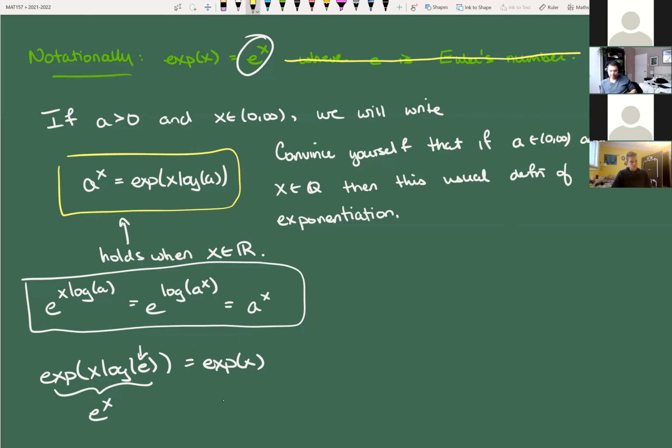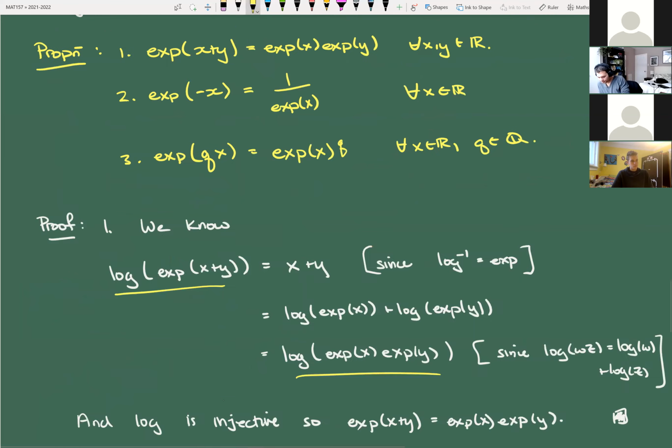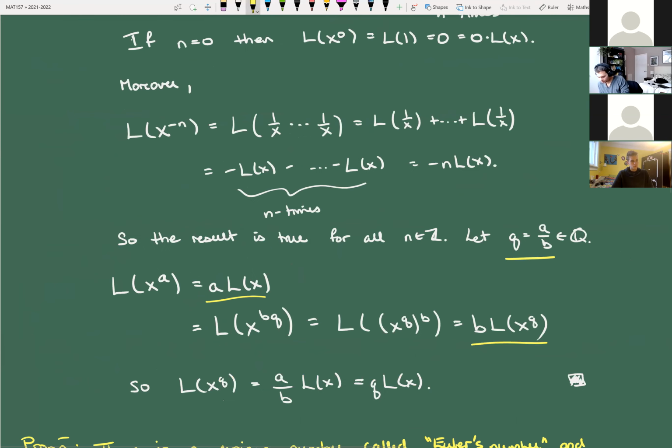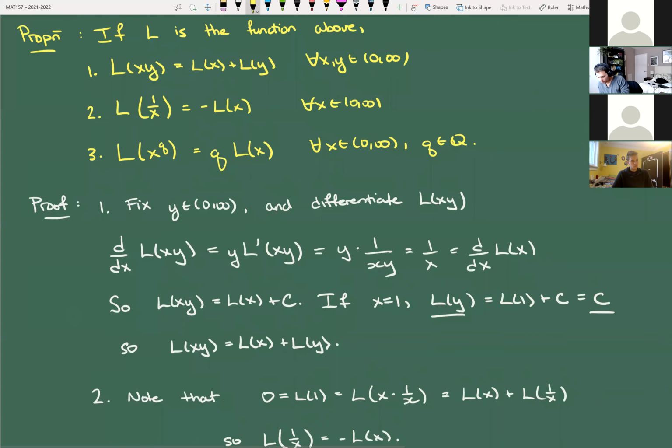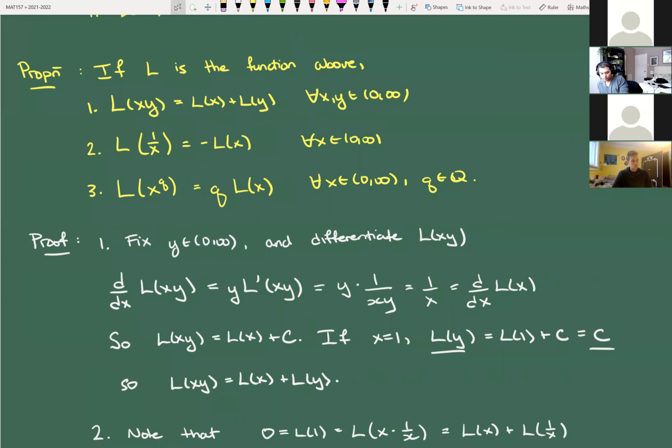Actually, I guess as well, remember this, where is that theorem? This one. This proposition number 3, which said that this is true for the rationals. By this definition, where we've used the exponential and the logarithm to define x to a real number, property 3 is true for all real numbers.